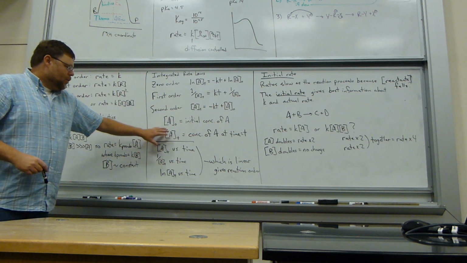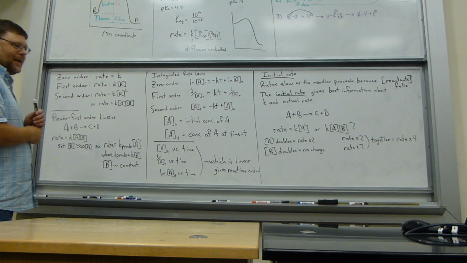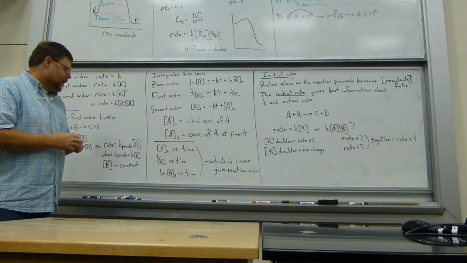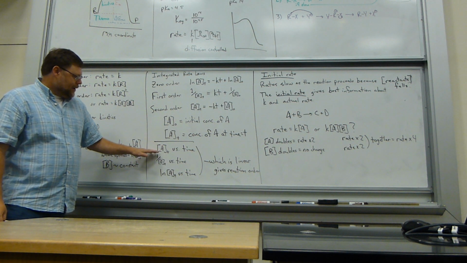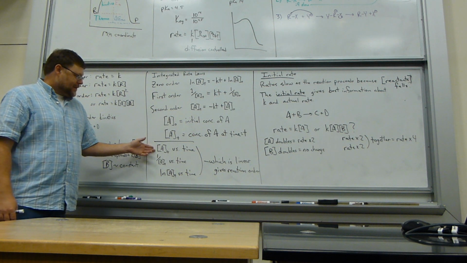Okay, so which variables do you plot to get a linear line? Sorry, that's not very smooth. If you plot A at time t versus time and get a linear plot, then it's a zero order reaction.